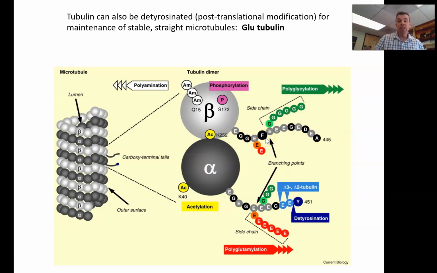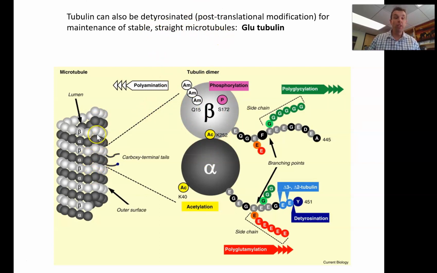They have this conformation almost like a tail out of the alpha and beta dimer. And so this C-terminus of the alpha tubulin can become detyrosinated. That basically means that the tyrosine is cleaved off. And when that happens, that post-translational modification allows these dimers to maintain the straight conformation.